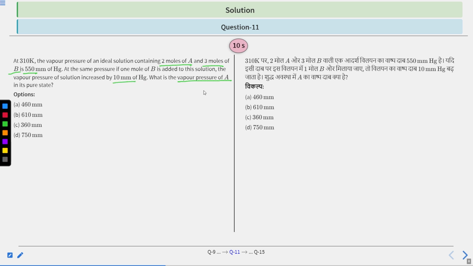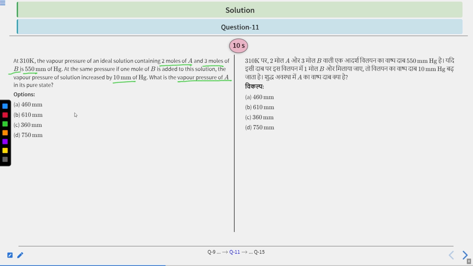So we have to find out the vapor pressure of A in its pure state. The options are 460 mm of Hg, 610 mm of Hg, 360 mm of Hg, or 750 mm of Hg.